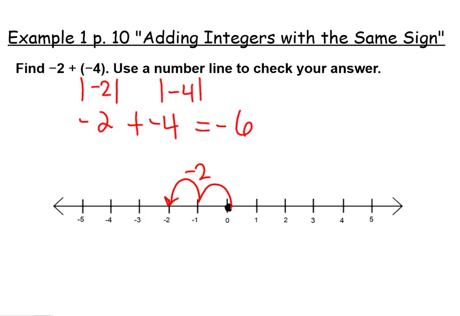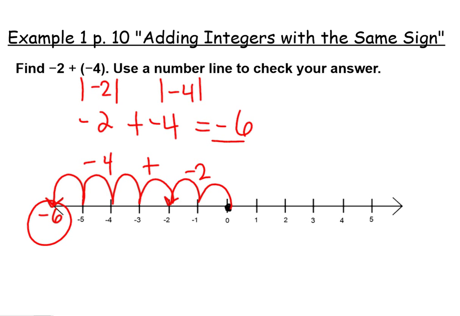So if it's negative, we move left, and we're going to move left 4 spaces from negative 2. So we count 1, 2, 3, and 4. And this will take us to negative 6. So negative 2 plus negative 4 is equal to negative 6. That's where we landed, and that was our answer. So we are correct.